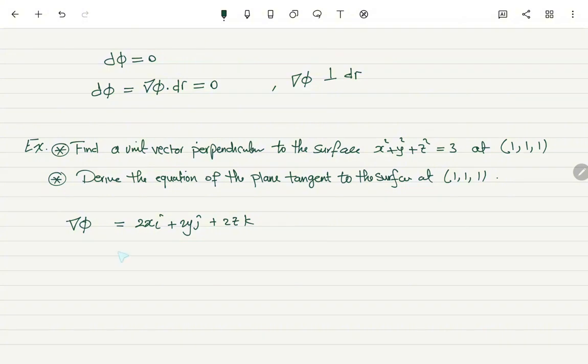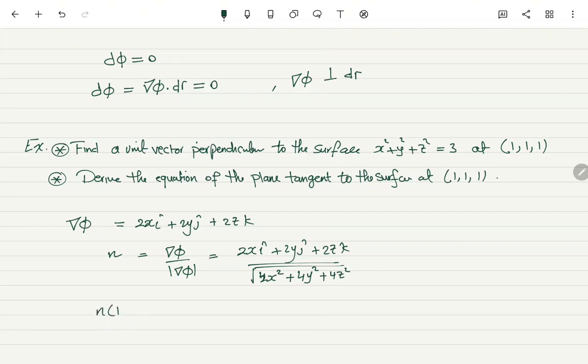Now the unit vector, let's name it n, equals the vector itself over its magnitude, so 2x i, 2y j, 2z k divided by the square root of 4x squared plus 4y squared plus 4z squared.